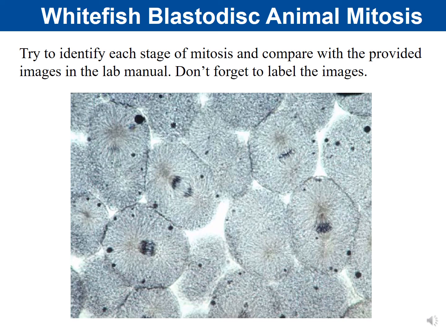You just need to label the parts. So again, use that one page that has a summary that tells you what to label. And you can also use this to practice to see if you can identify these different stages. This is just showing you a different picture of that.